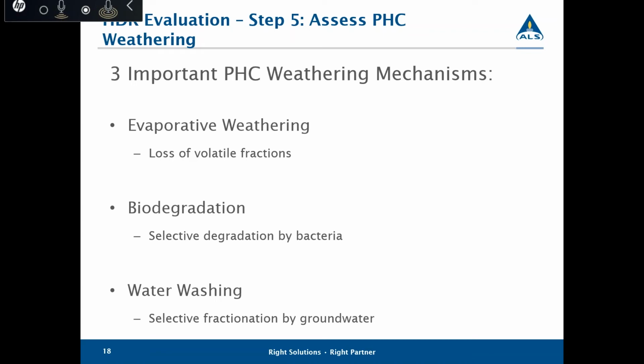Those are evaporation, so evaporative weathering, usually a loss of volatile fractions; biodegradation, when your sample is exposed to microbial biodegradation, which happens selectively through bacterial impact; and water washing, a selective fractionation by groundwater.